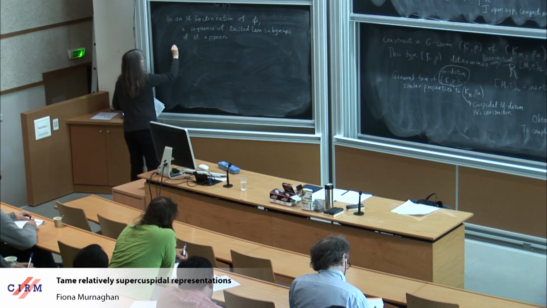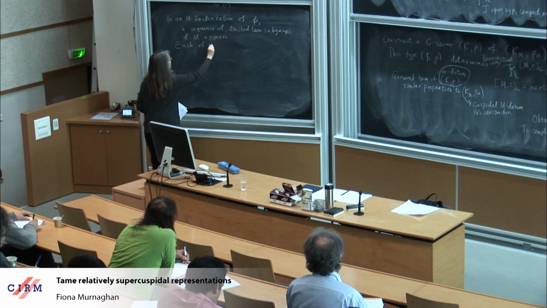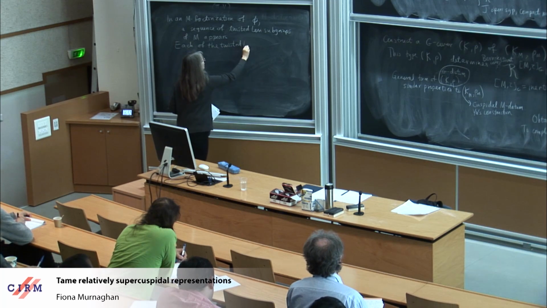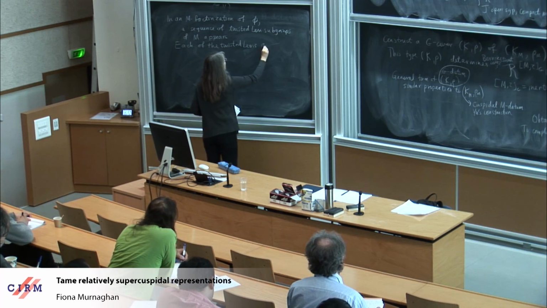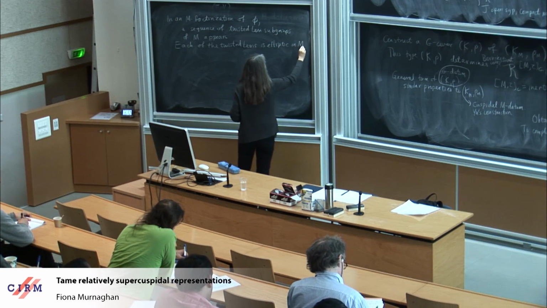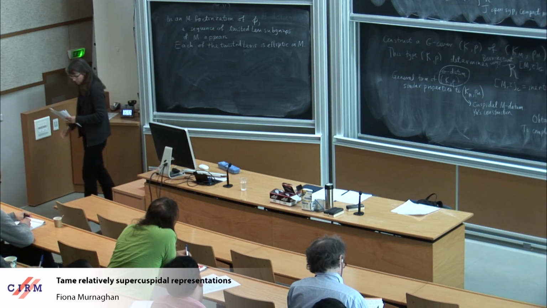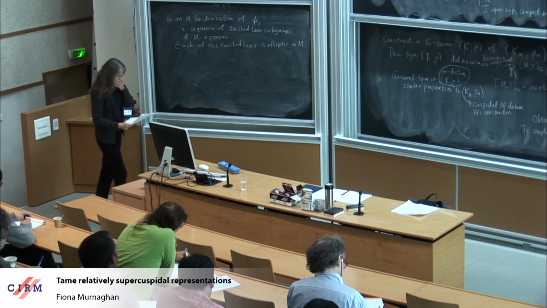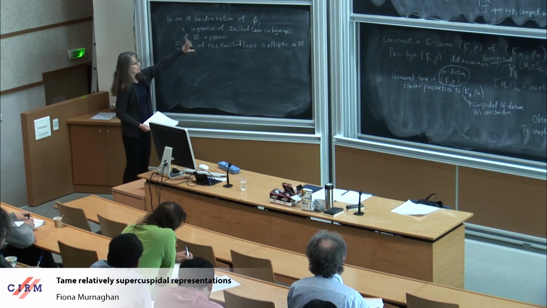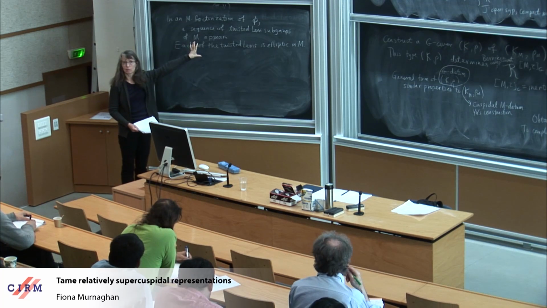Each of these is elliptic in M. Elliptic twisted Levi subgroups are key in the construction of tame supercuspidals. We just happen to be doing this on a Levi subgroup.